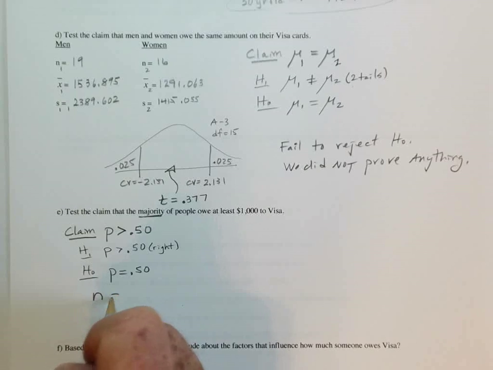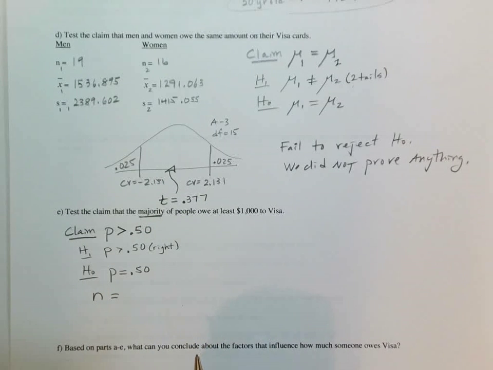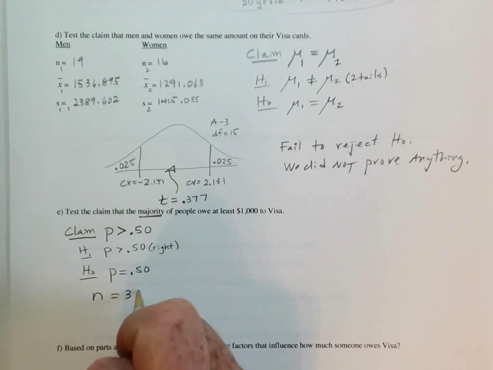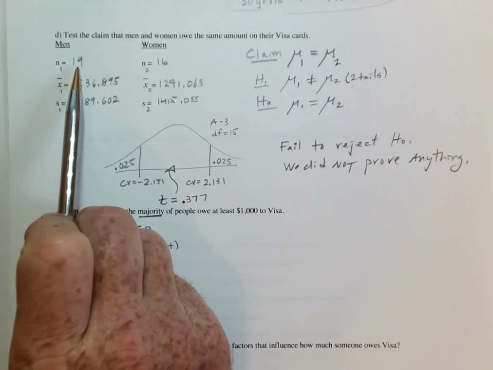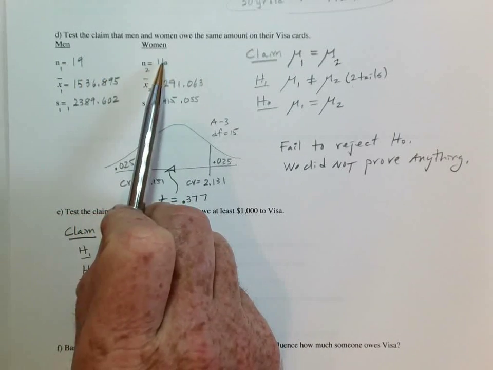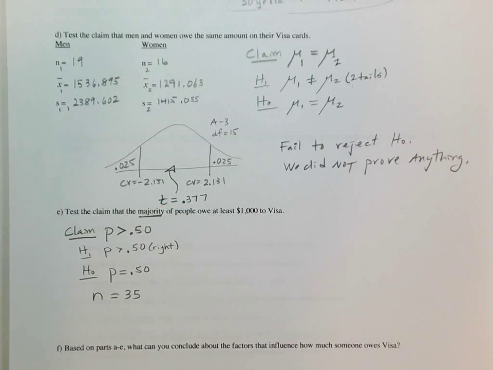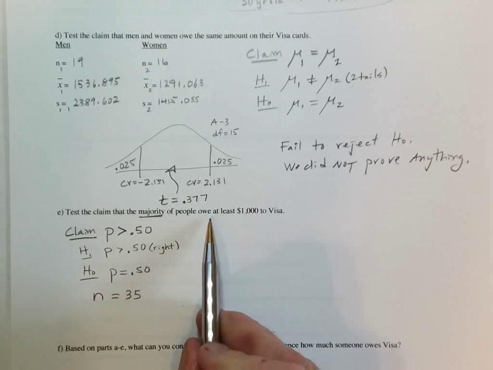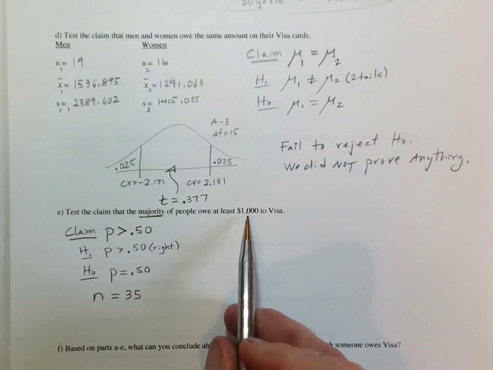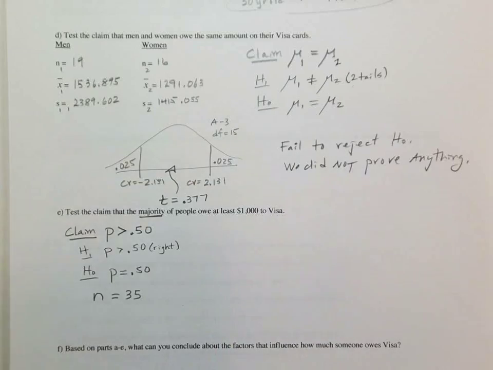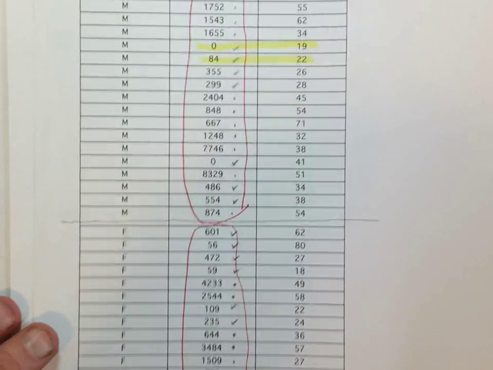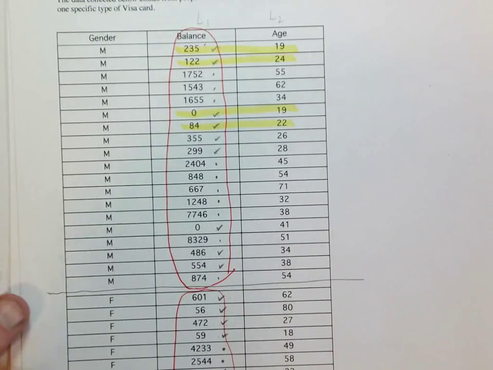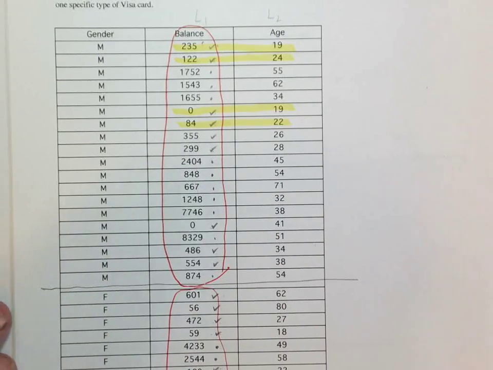Now in order to test this, you need to know the sample size, which I remember from a while ago is 35. Or you could look right here, the men plus the women, that equals 35. So the sample size is 35. Now for this part, if they owe at least $1,000, I just have to go and count how many people owe at least $1,000. How am I going to keep track?